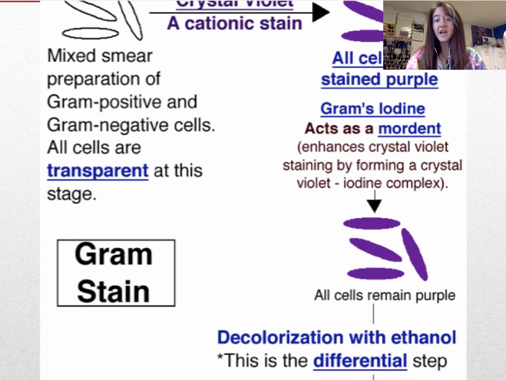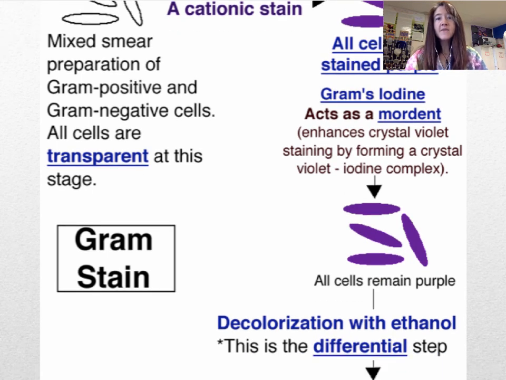We now will decolorize with ethanol. This is the most artsy step. Please watch the virtual edge to see why. You'll decolorize until the runoff is uncolored with ethanol. Please be certain to use ethanol in the yellow-topped squirt bottles rather than acid alcohol. This is the important ethanol that you need to use for the gram stain.